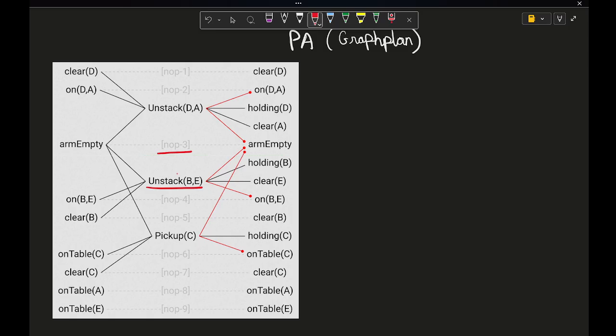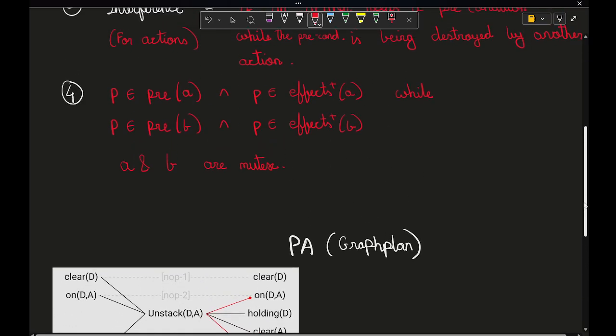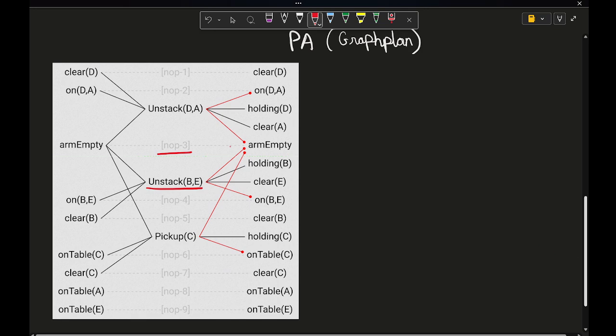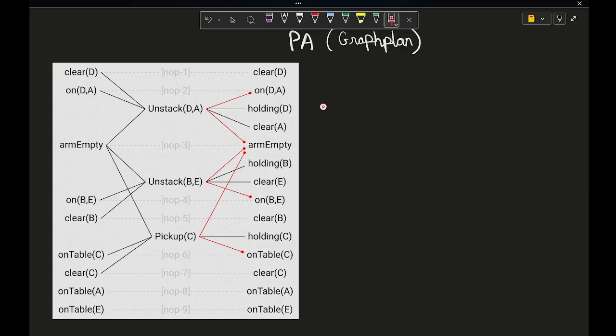I think yes, because of arm empty. Arm empty is a positive effect of both actions and a precondition to both as well. No, it's not a positive effect. Wait. Based on what condition are these two actions mutex? Let's just check.